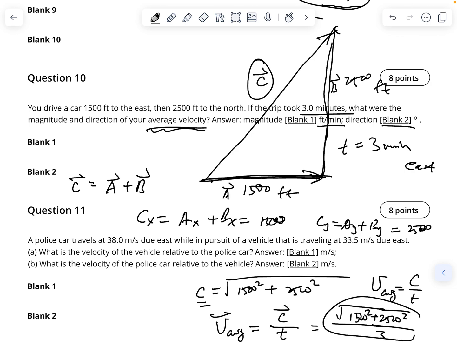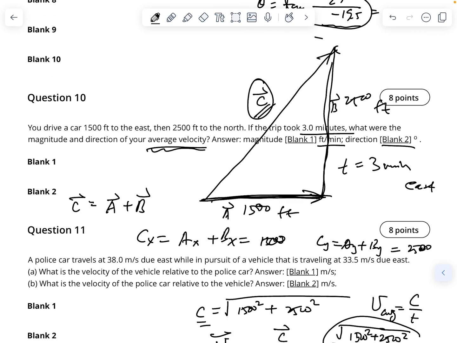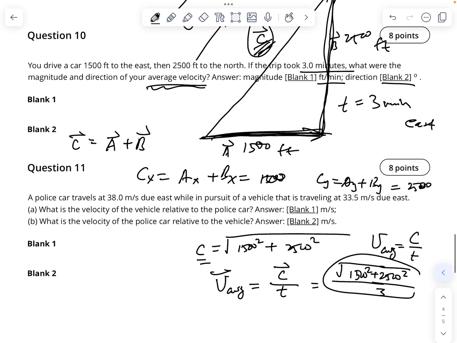For the direction, the displacement direction is your average velocity direction, because average velocity equals displacement divided by a scalar time interval.